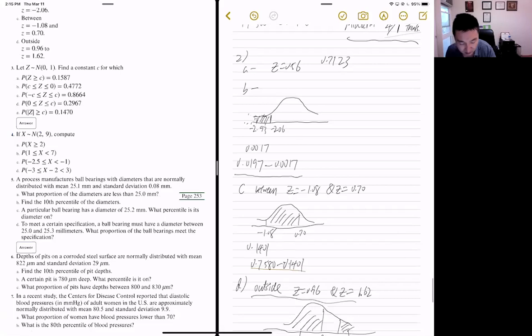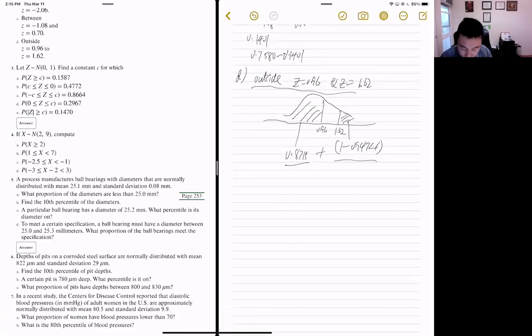So given X follows a normal distribution N(2, 9). Okay. So asking this, A is P(X larger than or equal to 2). Okay. So B is between 1 to 7.